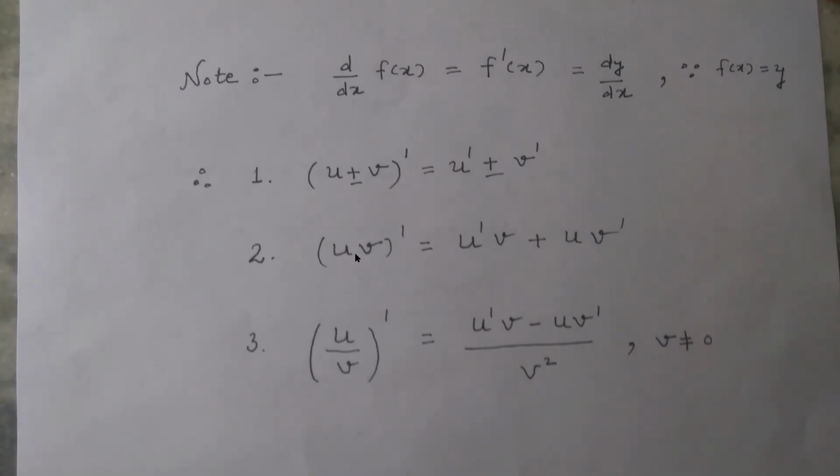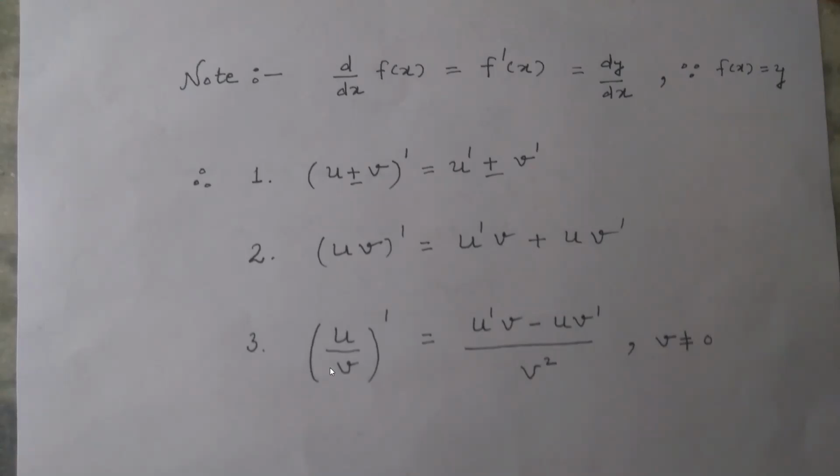Secondly, this is the product rule of the derivative. If there are two functions u and v, their product, then how to find the derivative of the product function? First function, its derivative, into second function, plus first function into derivative of the second function.